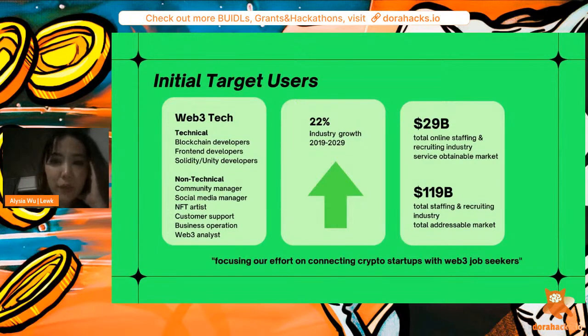I think it's very important that we target Web3 specifically, because we want to funnel more Web2 talents into Web3. For the technical skill set side of things, we are focusing on blockchain skill sets like Solidity, Rust, and Move. Then front end, typically React or Next.js and HTML, CSS, and also maybe more GameFi, which will be Unity.